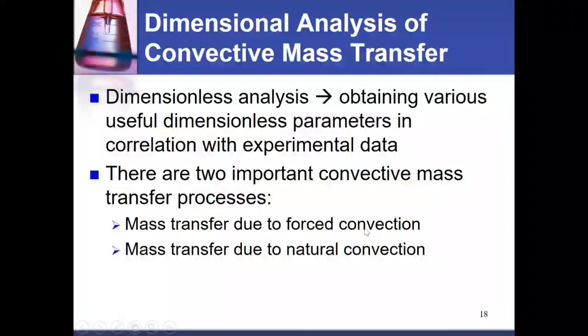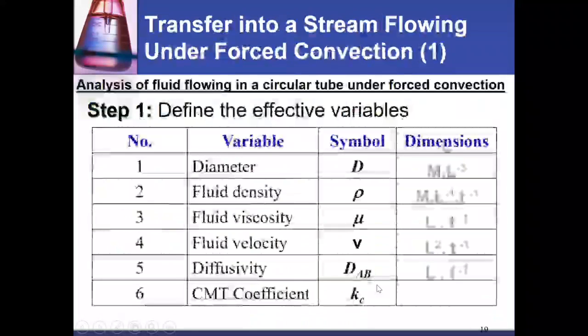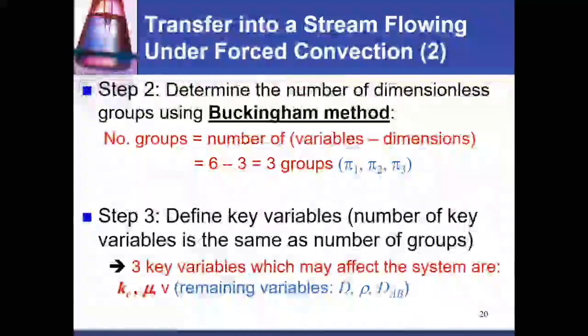So for forced convection, you have velocity there, velocity in the system. So you're pumping, or you interfere with pumping or whatever, so you provide certain velocity there. Natural convection, there's no velocities, just by some natural forces.